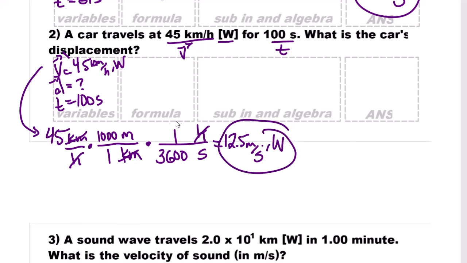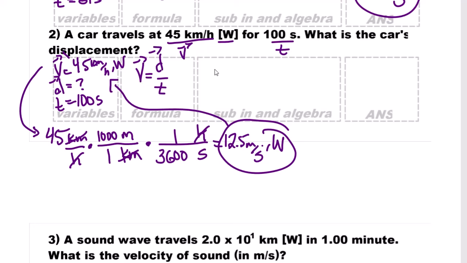So that number is what I'm actually going to use when I need to solve for this guy. So my formula here is v equals d over t. I need the vector version because I'm looking for displacement and I have velocity.